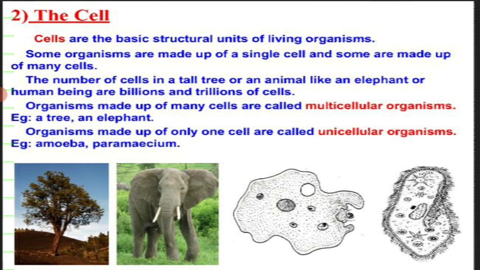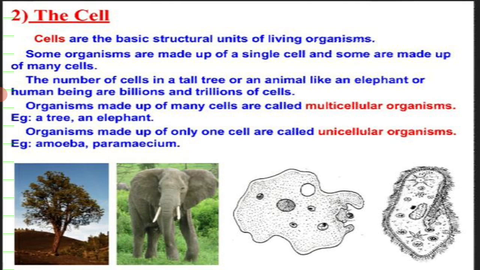Then next, the cell. So what is a cell? The cell is the basic structural unit of living organisms. So all living organisms are made up of cells. Some organisms are made up of a single cell and some are made up of many cells.